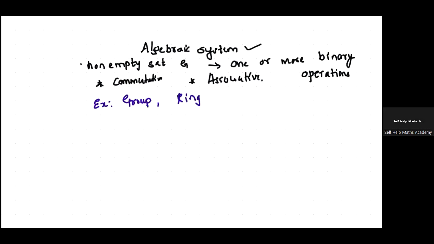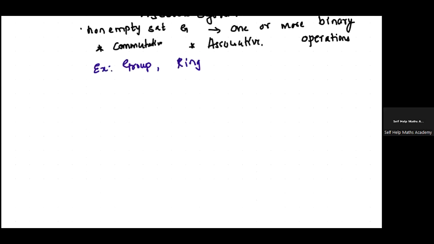Now in this video, we're going to check in detail what a group is all about and what postulates it has to satisfy. So let's understand the group. A group is an algebraic system, so it's a non-empty set G together with a binary operation dot.